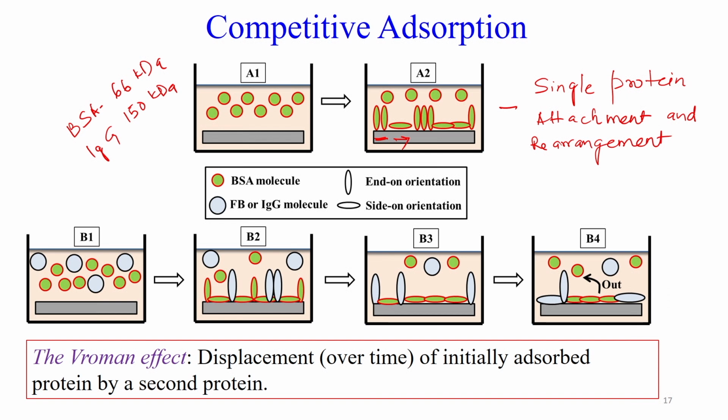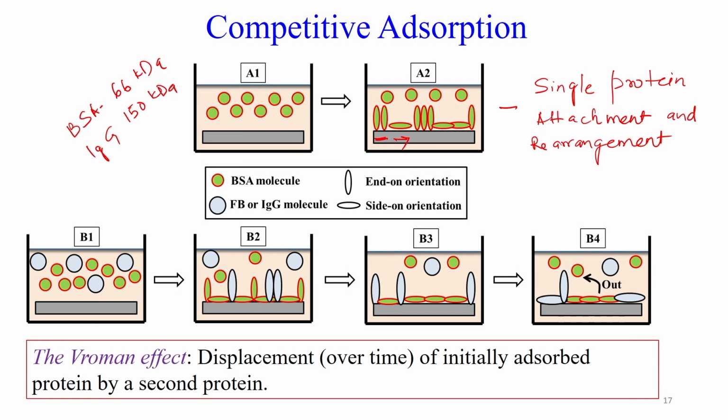So, first there is adsorption or attachment of the smaller protein and its rearrangement, then there is a replacement, or you can say the displacement of the smaller protein by the larger protein. Again the larger protein will go for its rearrangement or conformational adaptation.